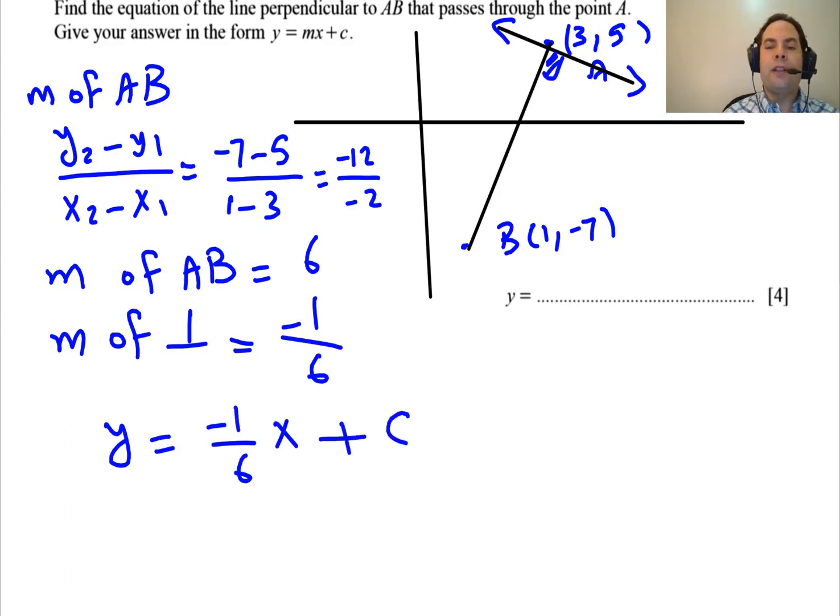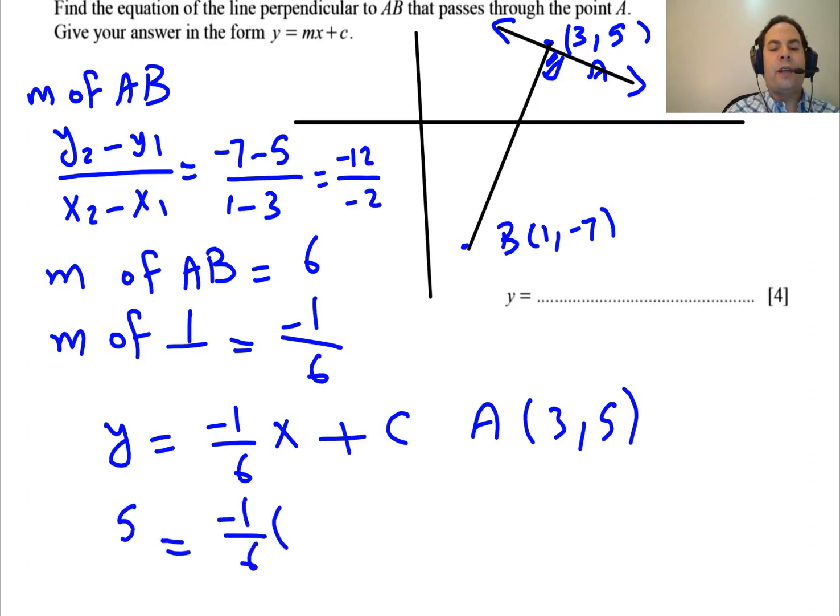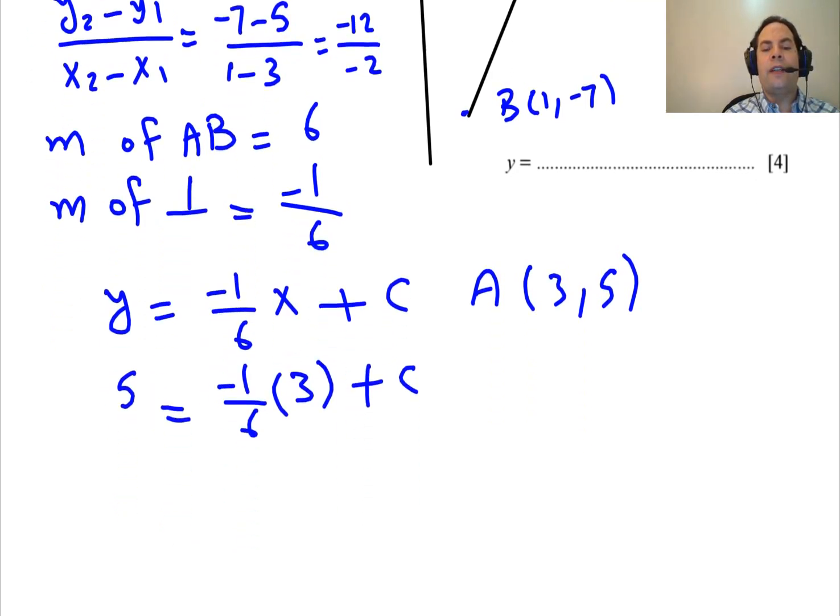I need a point that lies on the line. We already have a point A on the line, which is (3, 5). Don't try to use point B, because B does not lie on the perpendicular line. I replace y and write 5 is equal to -1 over 6, substitute x with 3, plus c, and solve the equation to get the value of c.